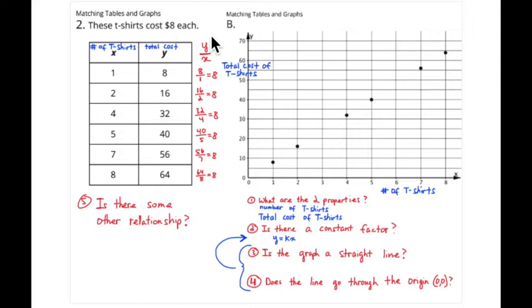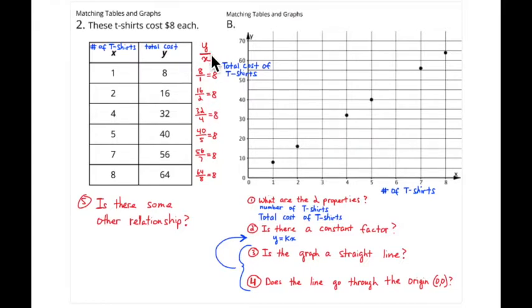So it's dollars is the y value and the number of t-shirts is the x value because it's y per x, or dollars per t-shirt. $8 each t-shirt. And so label the x-axis as the number of t-shirts, label the y-axis as the total cost of those t-shirts. And now look to see if there's a constant of proportionality.